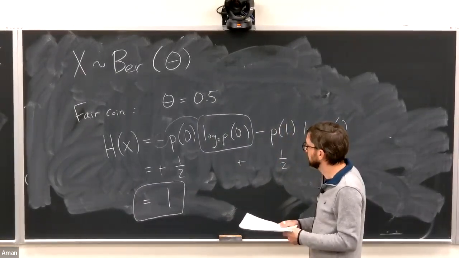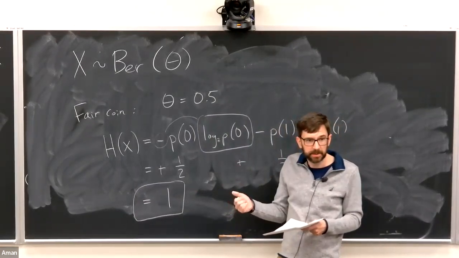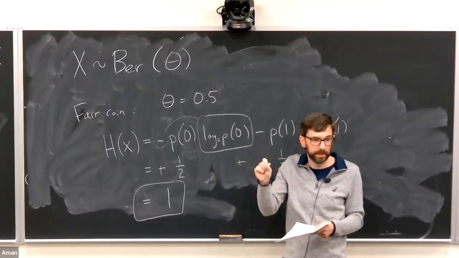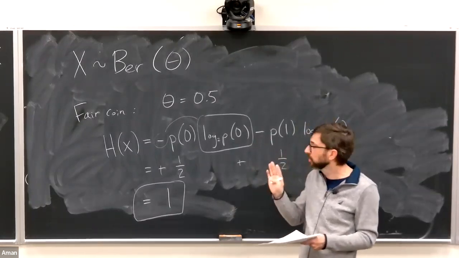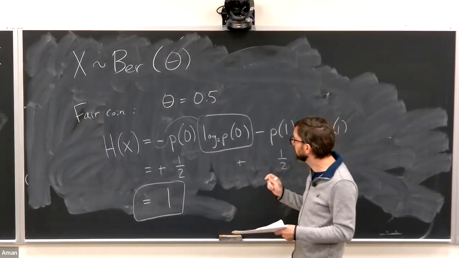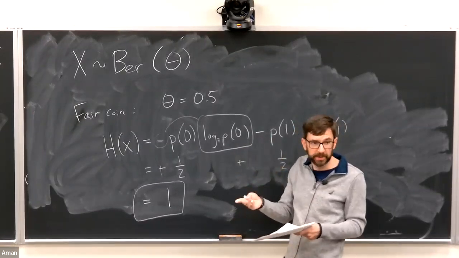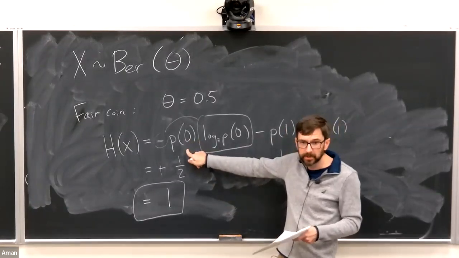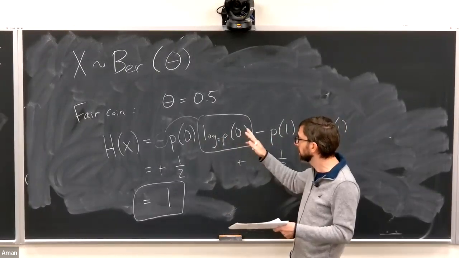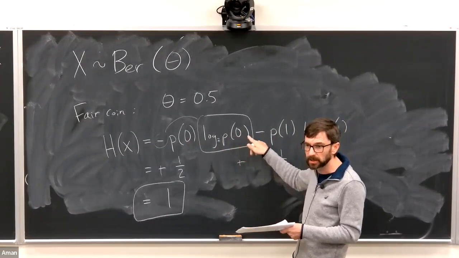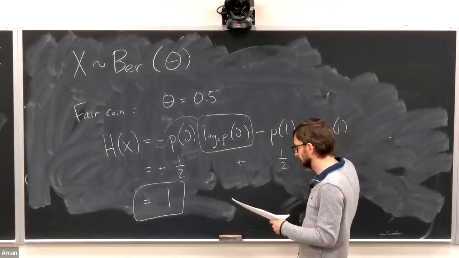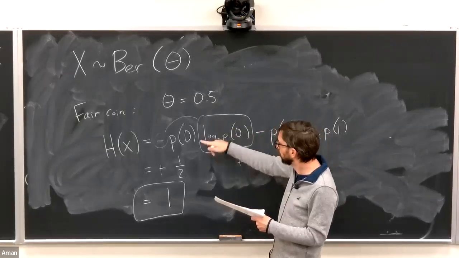If we were to flip 2 coins, then you have 4 outcomes. You can encode them as 0 0, 0 1, 1 0, 1 1. Each of those outcomes, if they're fair coins or fair random bits, has 1/4 probability. You can just do the math: you sum up 4 times 1/4 times log 1/4.